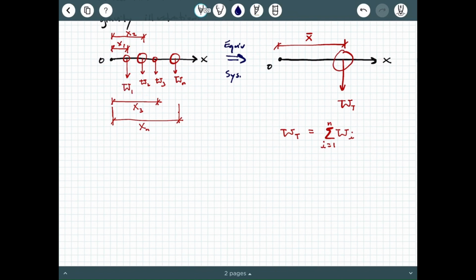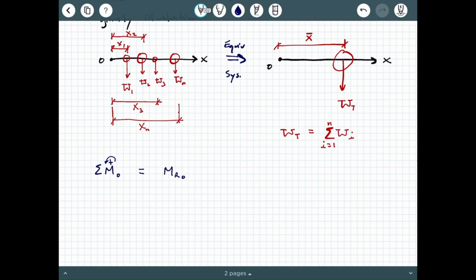No question about that. But what about this? We can actually write a moment equilibrium equation for this original system as it relates to the equivalent system. All right? And here's how we can do that. We can say that the sum of the moments about point O, counterclockwise is positive, equals the resultant moment about point O, okay?